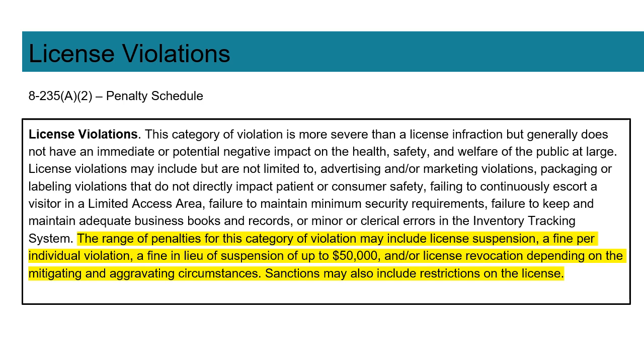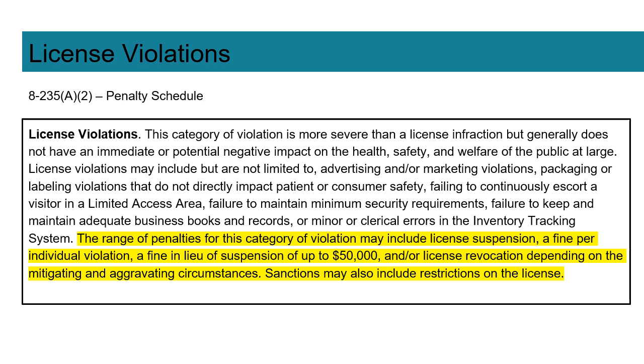License violations may include, but are not limited to, advertising and/or marketing violations, packaging or labeling violations that do not directly impact patient or consumer safety, failing to continuously escort a visitor in a limited access area, failure to maintain minimum security requirements, failure to keep and maintain adequate business books and records, or minor or clerical errors in the inventory tracking system.